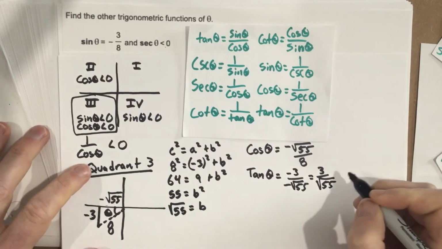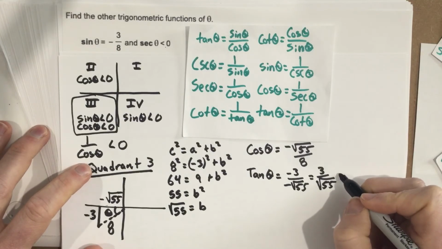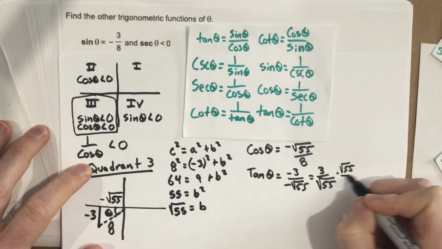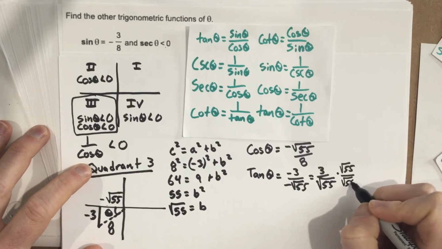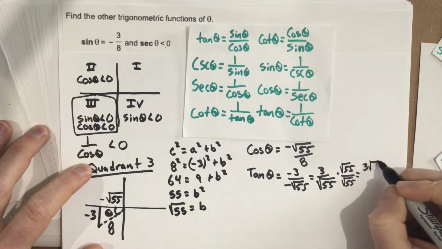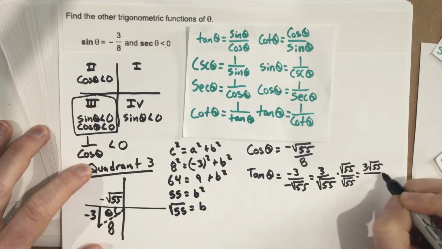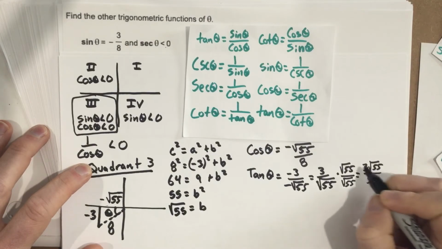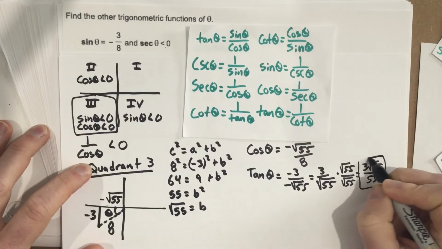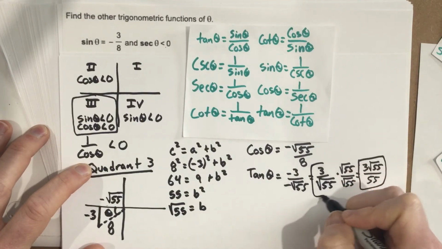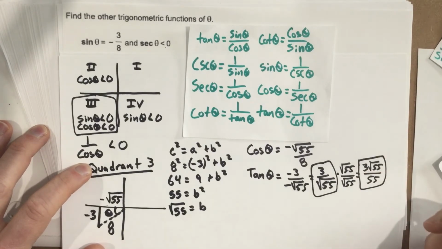If they want you to rationalize this denominator, you multiply by root 55 over root 55, and that will give you 3 root 55 over, when you multiply root 55 times root 55, that's just 55. So this is your answer rationalized. This could be your answer if they accept it unrationalized.